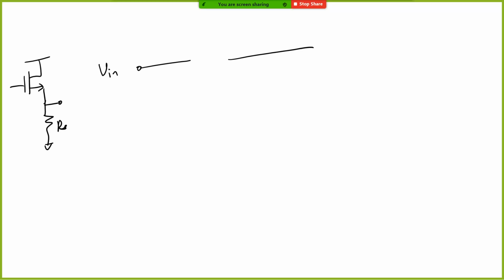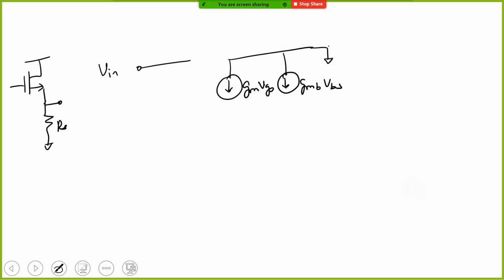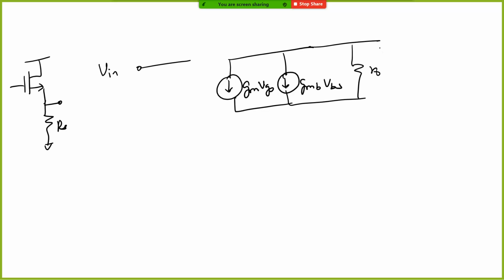Here the drain is connected to VDD, which means it's an AC ground. We have gm times VGS. Again, you will also have gmb times VBS, and you also will have r0. So let's ground this.